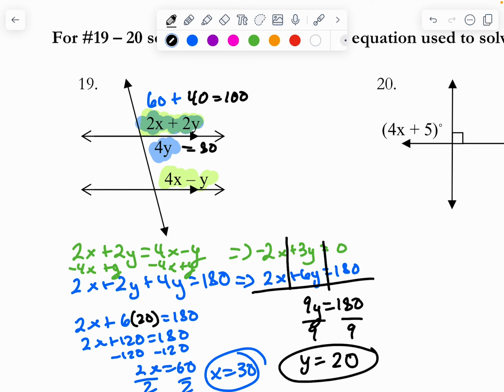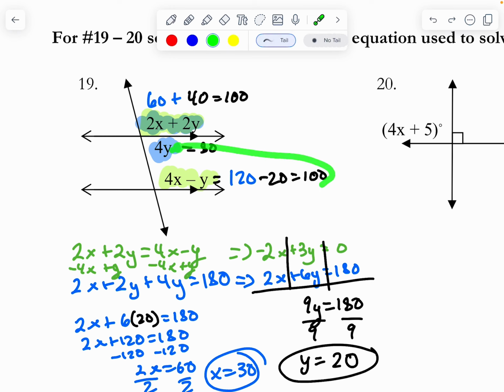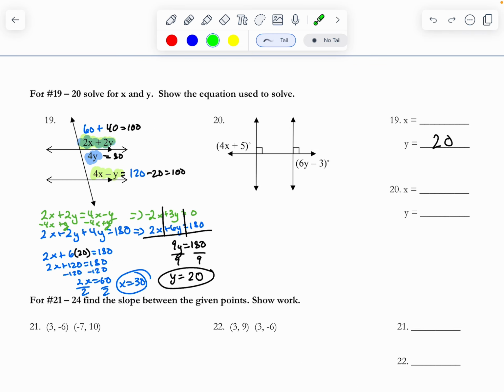And if we do the same thing with our same side interior angles, well, 2x plus 2 or 4 times 30, that's going to be 120, minus y, and that's going to give us minus 20, and we end up getting 100 here, right? And remember that these here are also supposed to be supplementary. And because these are congruent, we know we did it right. So x is 30, y is 20.